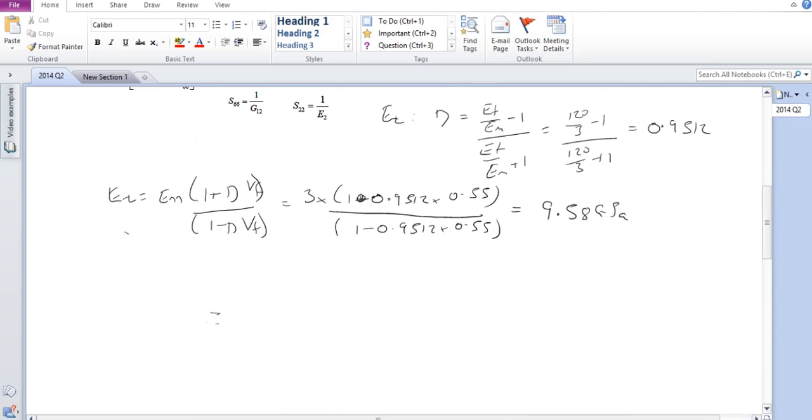So Poisson's ratio 12 is 0.55 times the Poisson's ratio of the fibres, which is 0.24, plus 0.45, the volume fraction of the matrix, times Poisson's ratio of the matrix, 0.35, and that comes out to be 0.2895.